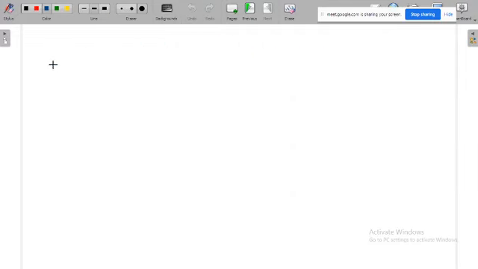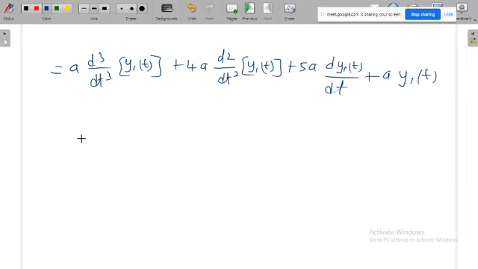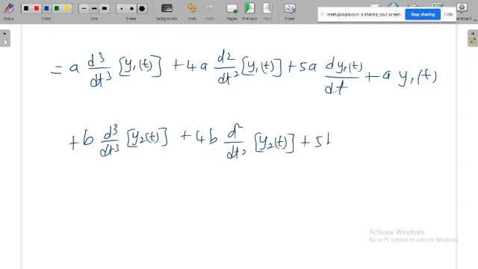So if you try to segregate, you can take a d cube divided by dt cube y1 of t, and 4a d square by dt square y1 of t, plus 5a dy1 of t divided by dt plus a y1 of t, and then all the y2 terms separately, that is b d cube by dt cube y2 of t plus 4b d square by dt square y2 of t plus 5b dy2 of t divided by dt plus b y2 of t.